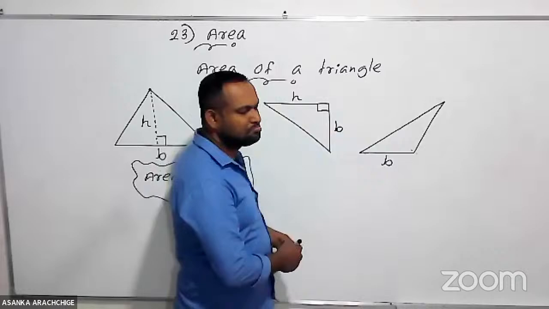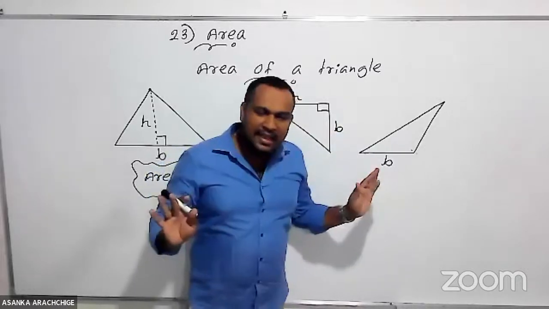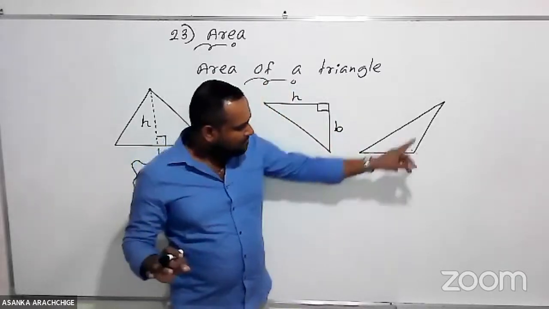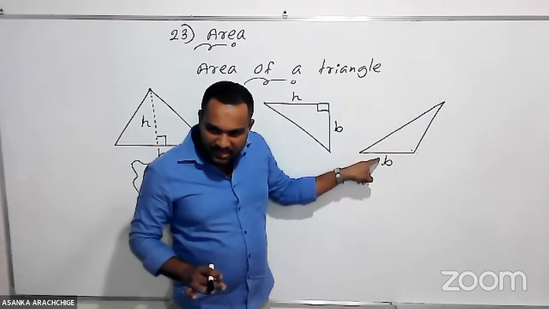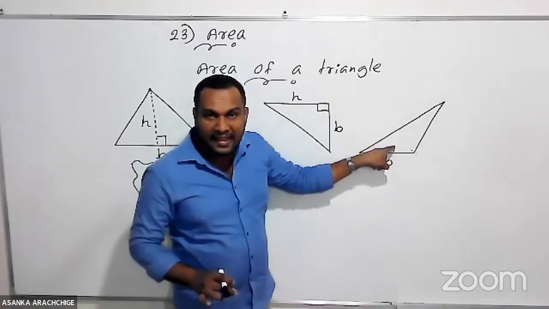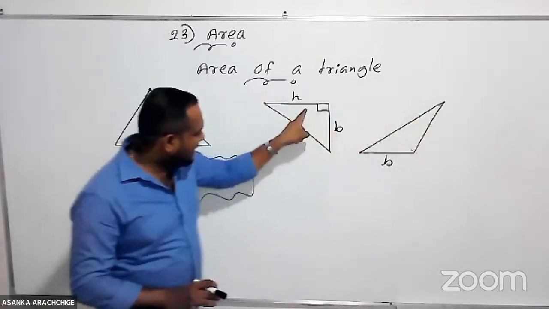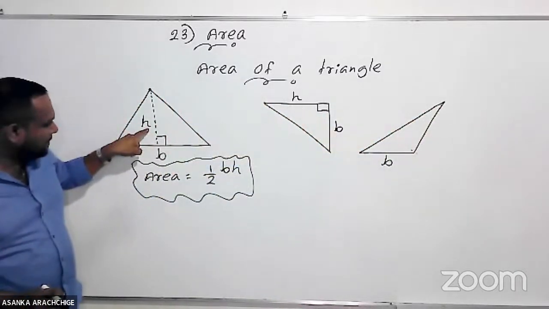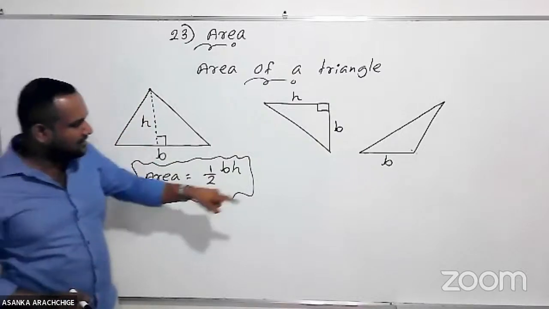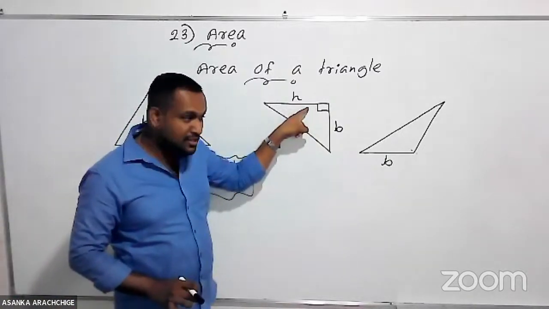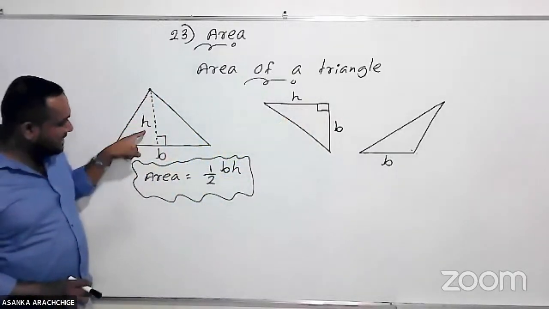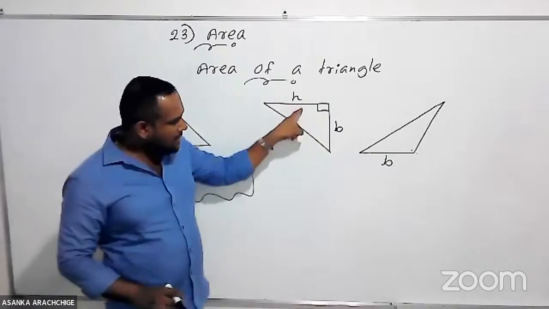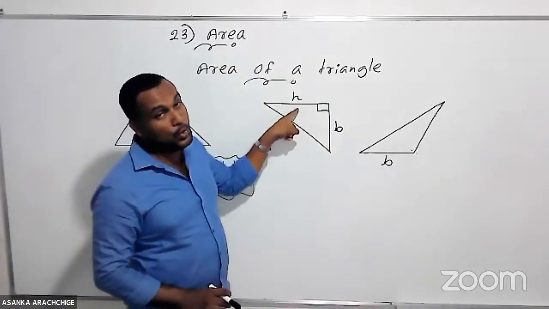Yes. We can never draw a perpendicular to this base on or in the triangle. Here the perpendicular is in the triangle; here the perpendicular is on the triangle.